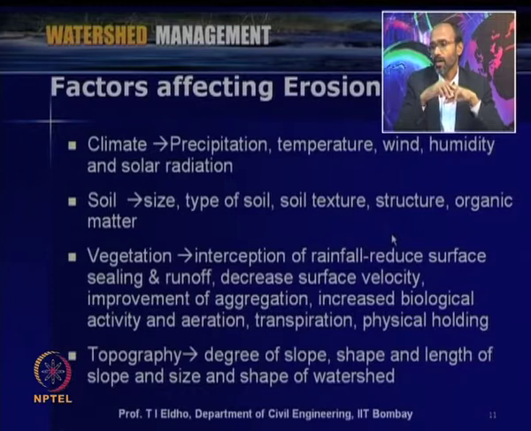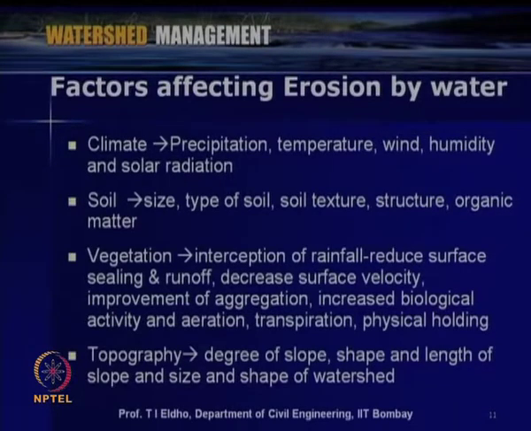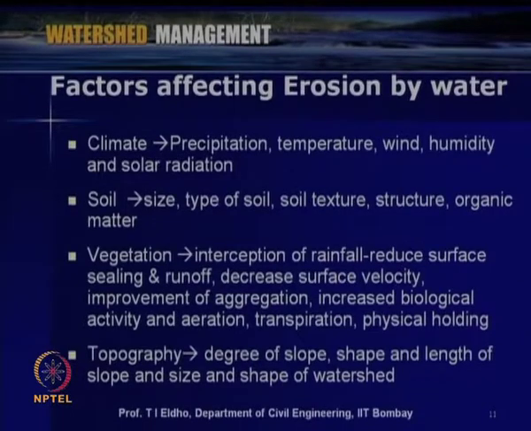Now, as far as water erosion is concerned, let us see the important factors which affect soil erosion. We have already seen these factors earlier, but now we are critically analyzing them with respect to water. Climate is one of the important components: the various processes like precipitation, temperature, wind, humidity and solar radiation.